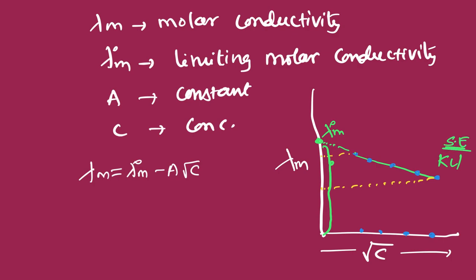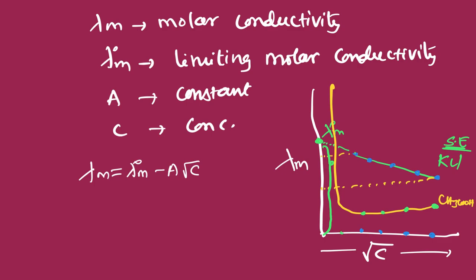This is for a strong electrolyte. Now I am taking one weak electrolyte, acetic acid, CH3COOH, a weak acid. This graph is different from the strong electrolyte, like this. Now this is at high concentration. On dilution, concentration decreases, but molar conductivity is nearly the same.